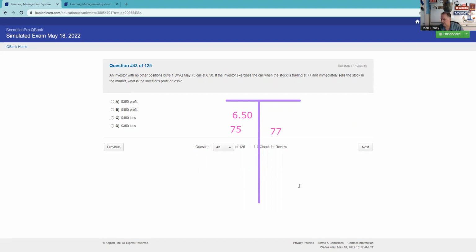I'm terrible at arithmetic, by the way, so I'm going to just make sure that my arithmetic is correct. 6.5 plus 75, 81.5. Yep. So 4.5. I do things on a per share basis, so I'm not going to put 650 bucks there, 7,500, 7,700. I just think that's a mess.